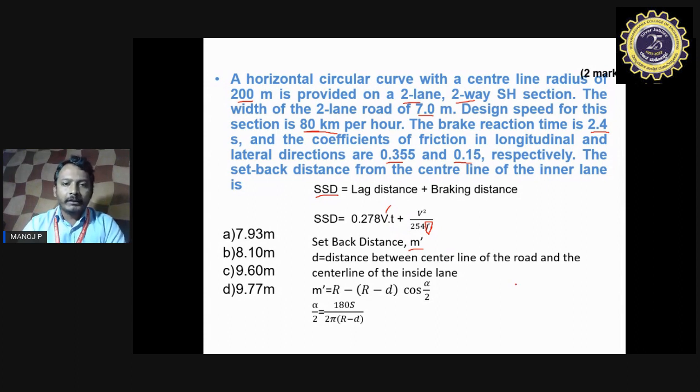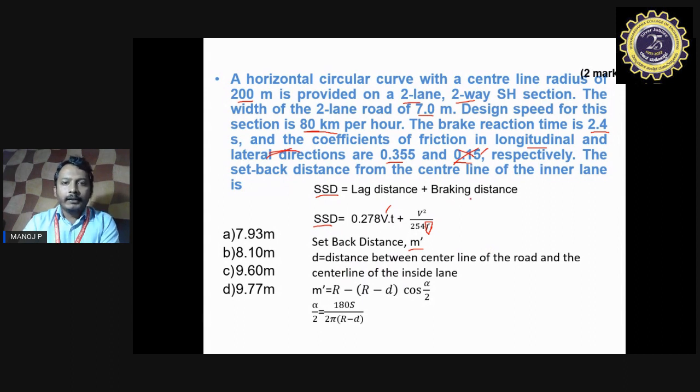In case of stopping sight distance, you are supposed to consider longitudinal friction and not lateral friction. Only when you calculate super elevation will you need to consider the lateral friction. Okay, consider 0.355 and calculate the value of s.